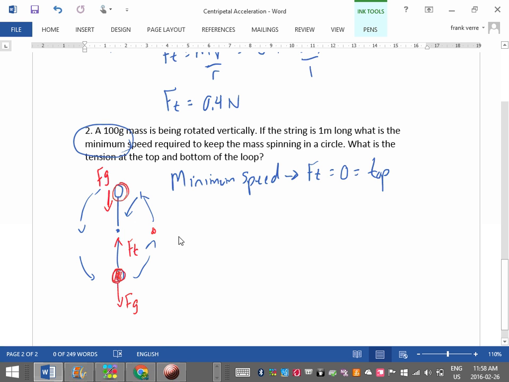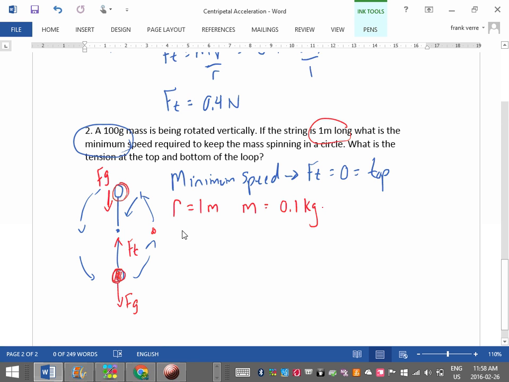Okay, so this is what we know. We know the radius of the circle is 1 meter because the string is 1 meter, right? We know the mass is 0.1 kilogram. And we know that at the top, there is no tension.